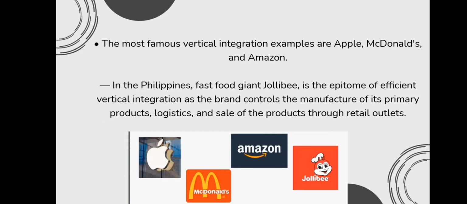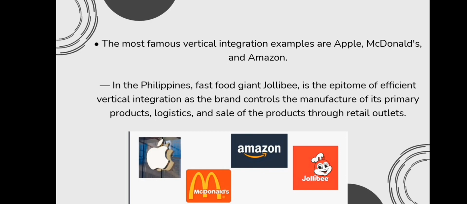Vertical integration is about one company having its own different stages in its business. Instead of relying on other businesses, they tend to have their own stages of production in their business processes.